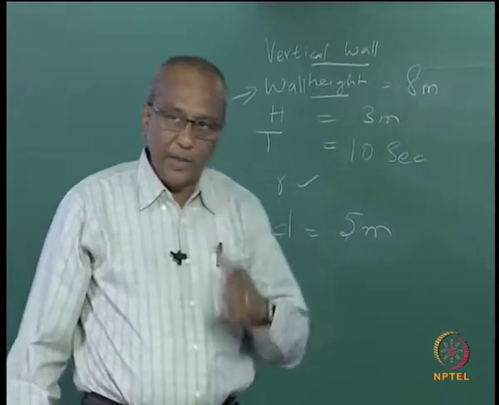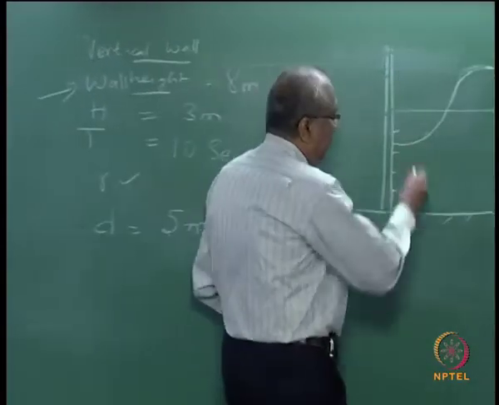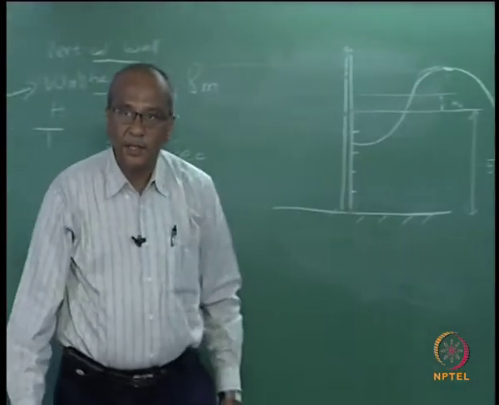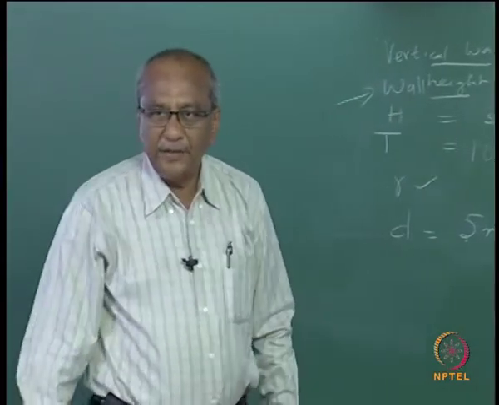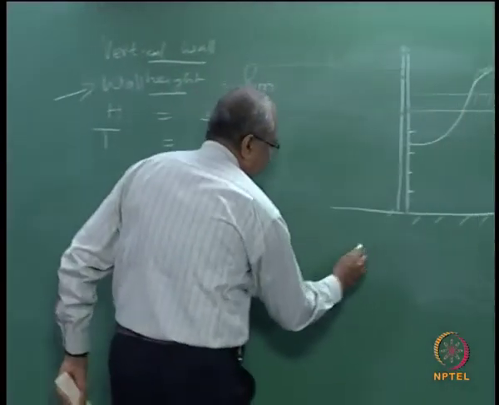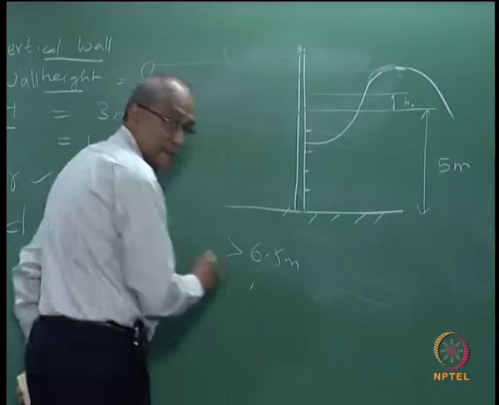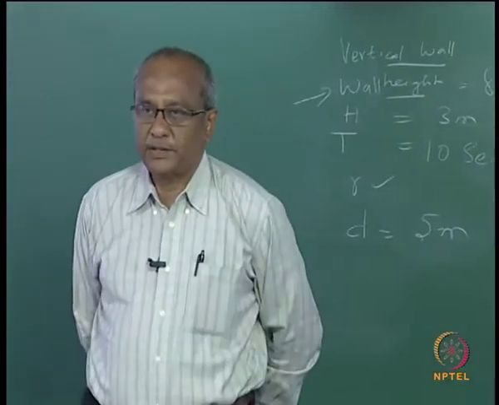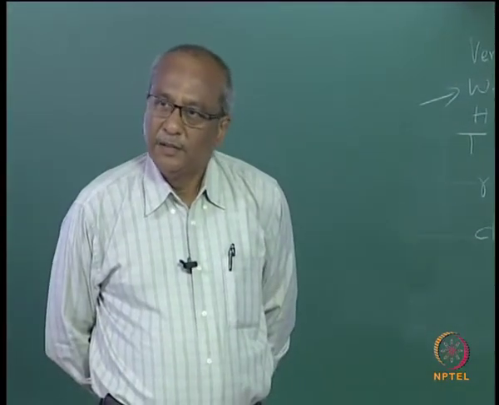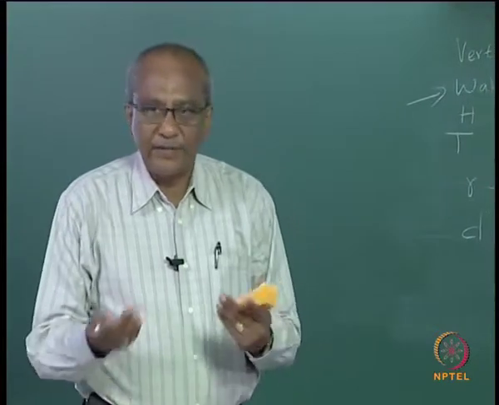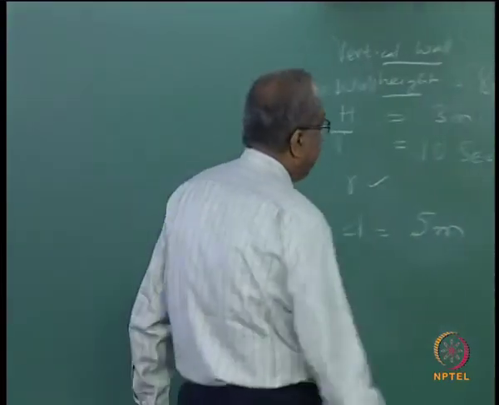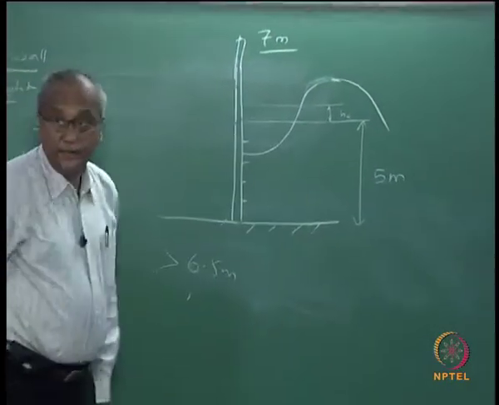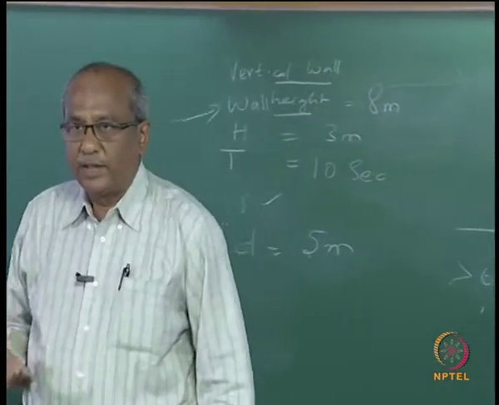But then what did you understand? When this wall is there you have to calculate this also. So maybe we can treat 0.5 meters as a buffer, and have this at 7 meters. We do not know, after the calculations only you will get.